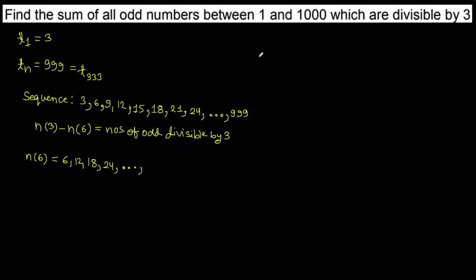The last number will be 6 into something. Before this what will come? 998, 997, 996 will come, 996.